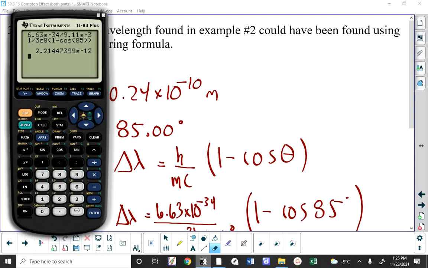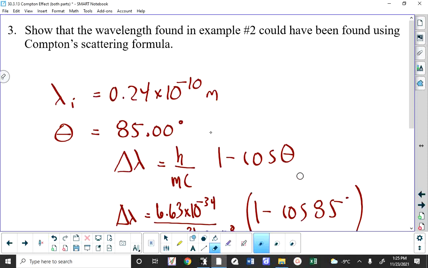You didn't put a bracket around where? Where the 3 times 10 to the 8, around the 1 minus. If you don't do that, then what you will be doing essentially is taking this and subtracting cos theta, which is not what we want to do. We want to take this hc over lambda and multiply by 1 minus cos theta. So this set of brackets here is critical. That'll fix it, I think.